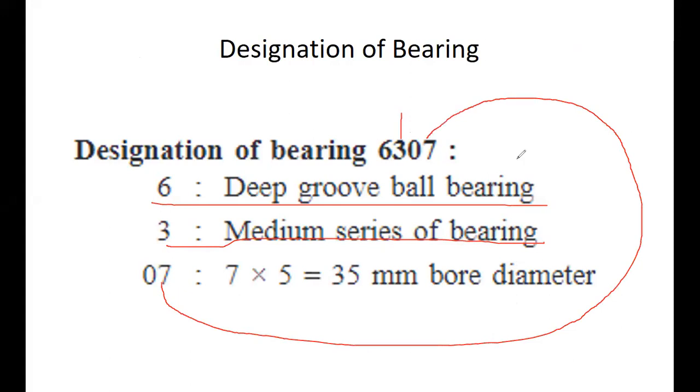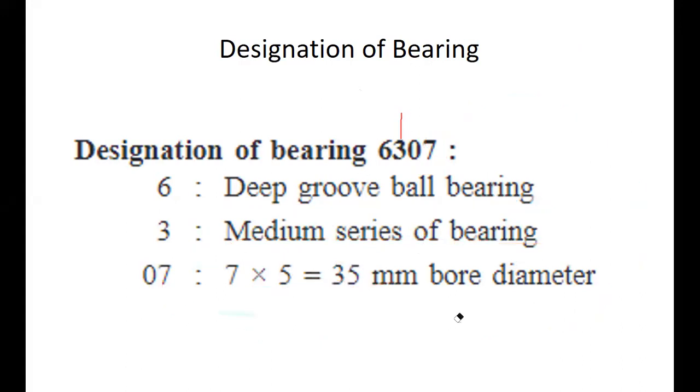So 4 5s are 20, 5 5s are 25, 6 5s are 30, but this is 7. So the bore diameter will be 7 5s are 35. So 6307 indicates that it is a single row deep groove bearing which has a medium series load carrying capacity, and its bore diameter is 7 5s are 35 mm.